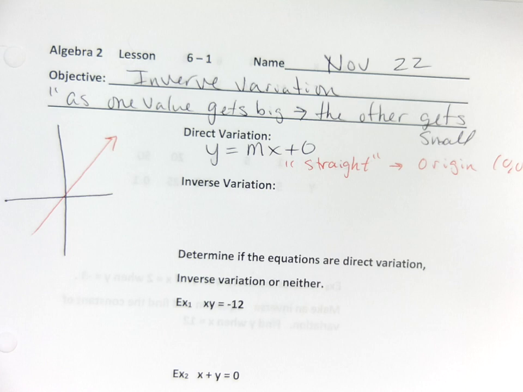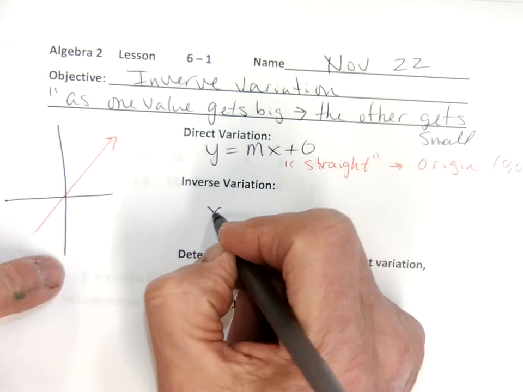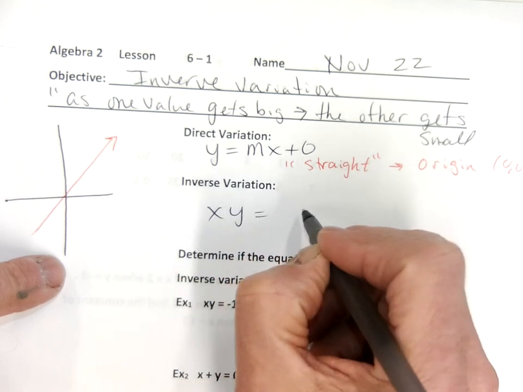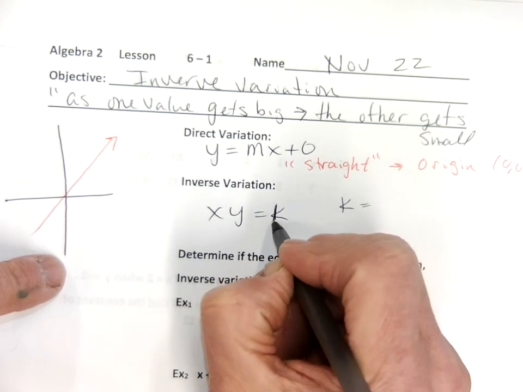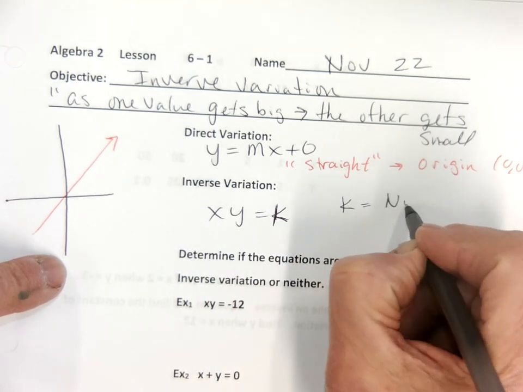Now, inverse variation is like our graph, right? As one gets big, the other gets small, but the equation we want to use is x times y equals some number. We call it k, and that k is just some number.